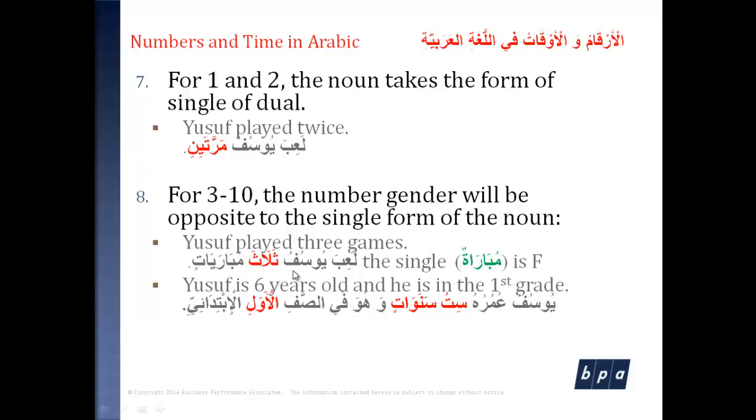لعب يوسف ثلاث مباريات. Here, ثلاث is a masculine form of the number, because the singular of مباريات is مباراة, and the singular is feminine, so the number takes the opposite form.